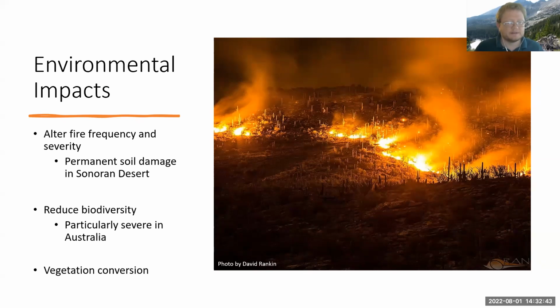Actually, there were some studies in Australia that showed that presence of buffalo grass is now the largest indicator of biodiversity for a specific area, even greater than rainfall, how big of an effect it can have on biodiversity. And when it moves into an area, it has the potential to really convert the area into a buffalo grass dominated grassland and really just get rid of whatever was there before it.